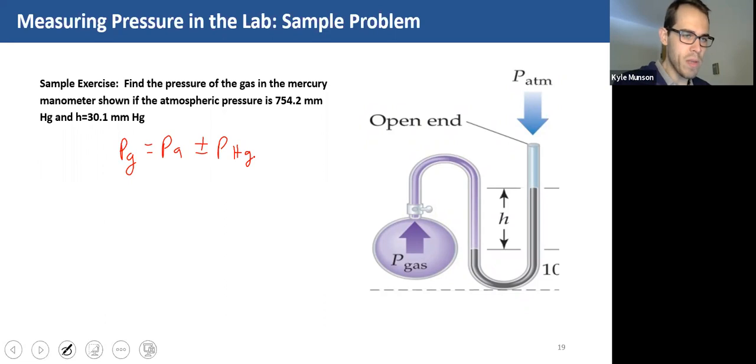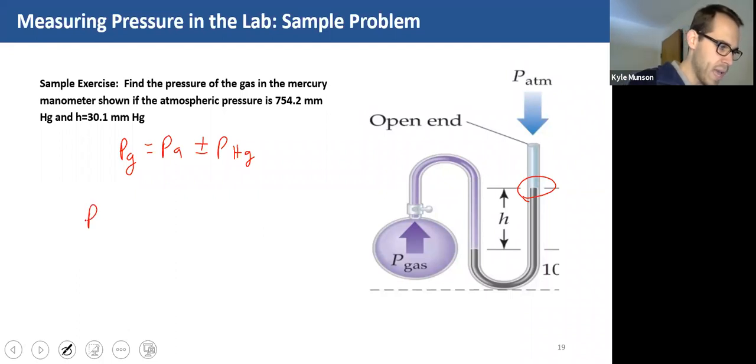Well, if we look here, the level of the mercury is higher on the open-ended side. So that means the gas has more pressure than the atmosphere. It's kind of pushing the mercury out. So we're going to add here.